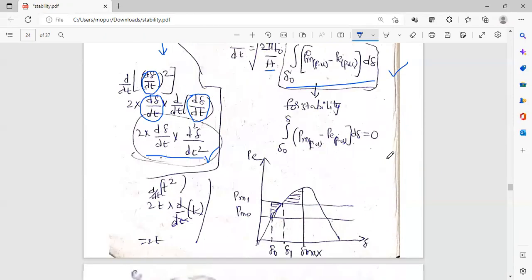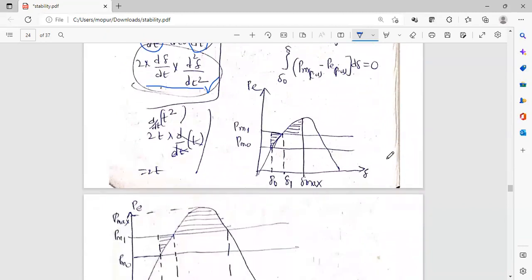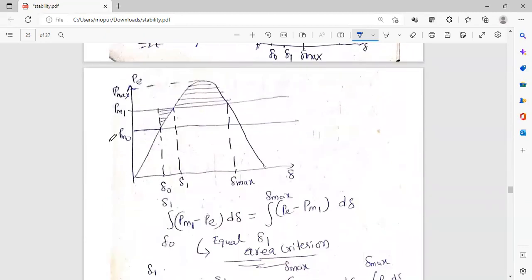0. If we observe that graphically, we know that this is the load curve, that is the curve of Pe with respect to delta. Here this is the curve and this is the P max. Now we are considering the machine operating at the equilibrium point delta naught. So let the equilibrium point be this. This is delta naught.